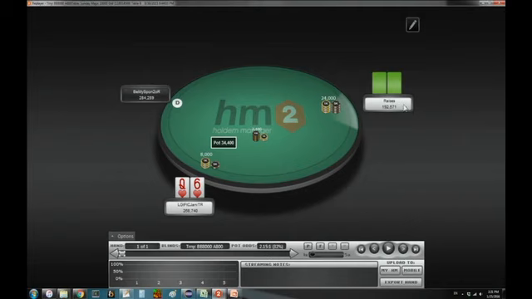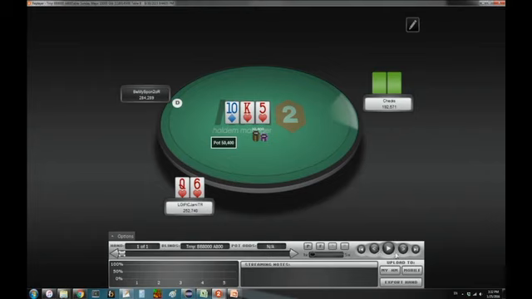So this hand, he makes it 3x, and I decided to call here with Queen 6 suited, which is sort of gutsy, I think, but it's in position and it's fairly deep, and being able to put ICM pressure on him is reasonable. I think it could have gone either way. Folding is definitely the safer play, but Queen 6 suited is plenty good enough here. So I call.